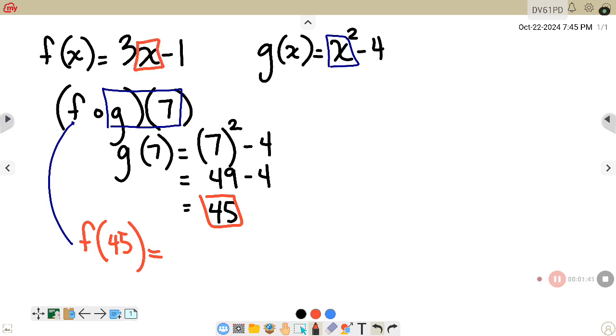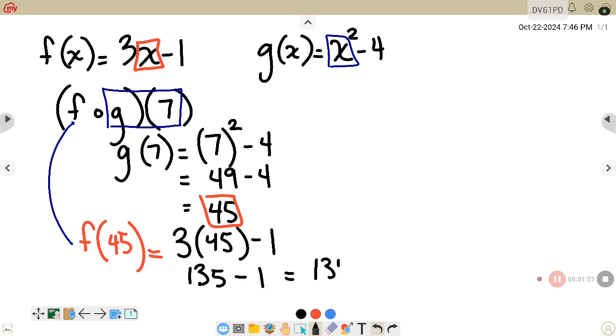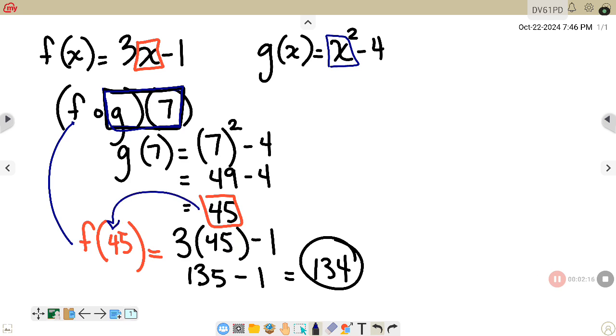So when I do that, I will have 3 times 45 minus 1, which gives me 135 minus 1, which gives me 134, which is your answer. So again, you find what is in this spot first, the g of 7. Once you get an answer there, you plug that answer in to the other function, the f function.